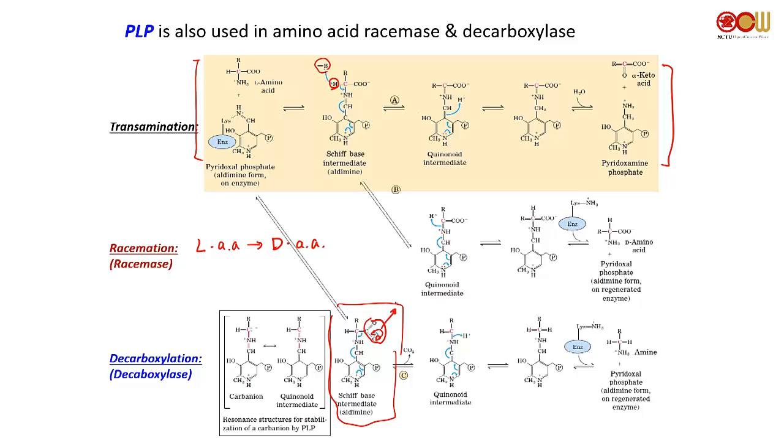So that's already the decarboxylation, right? Then what you can do then is once you form this intermediate, you can protonate. Okay, you can protonate this carbon using a proton from the solution. Okay, and then what you can do is use a Schiff base swap to swap it back.